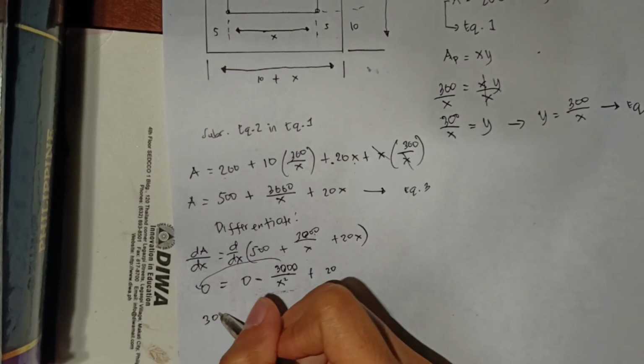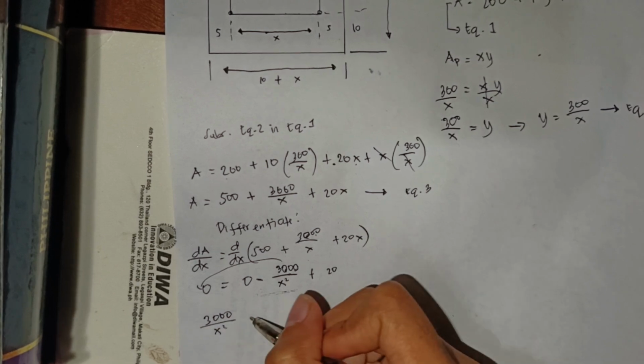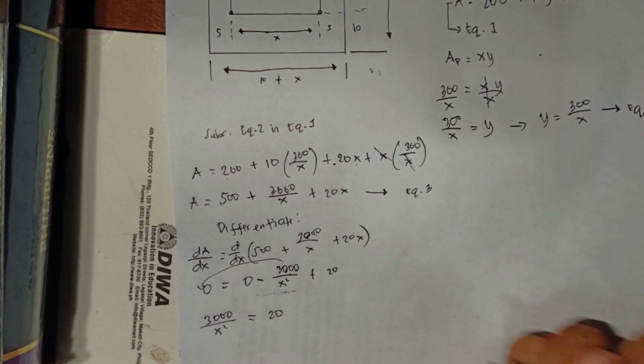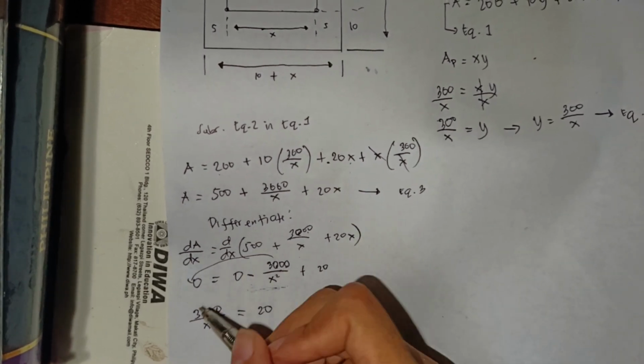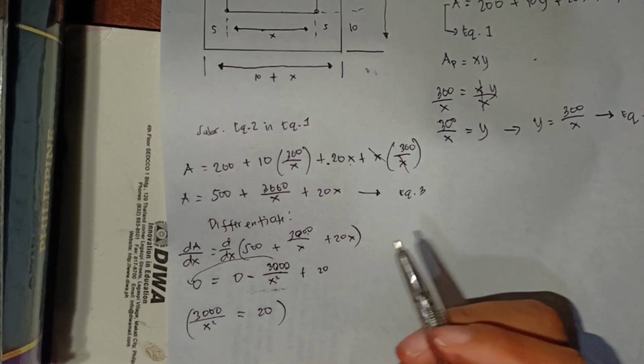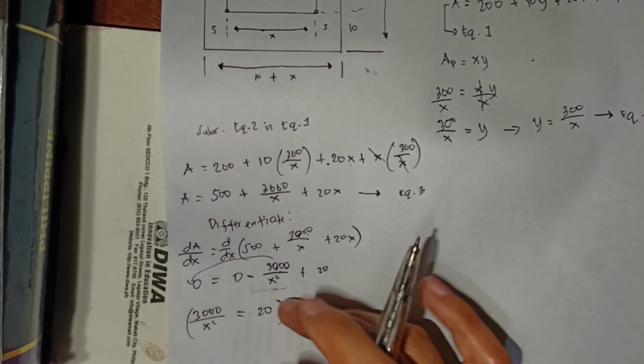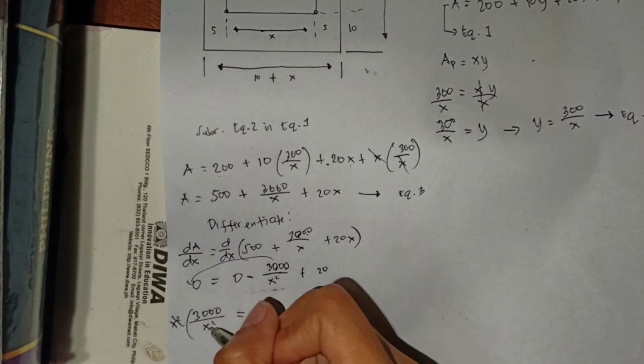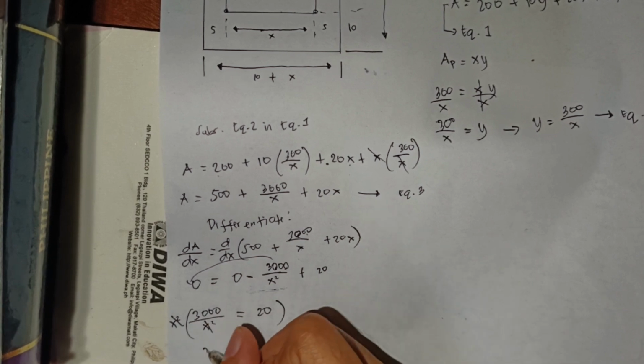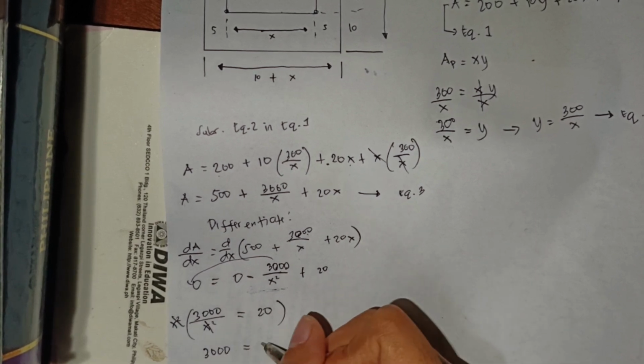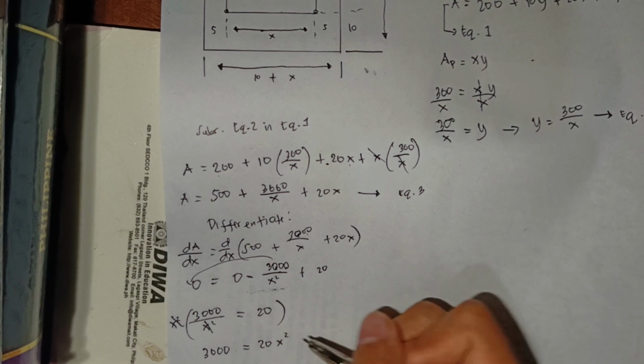Let's transpose, so positive 3,000 over x squared is equal to 20. To make it less complicated, multiply both sides by x squared, so the x squared cancels out. Then 3,000 is equal to 20x squared.